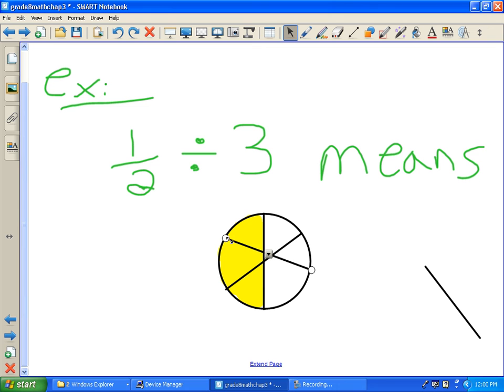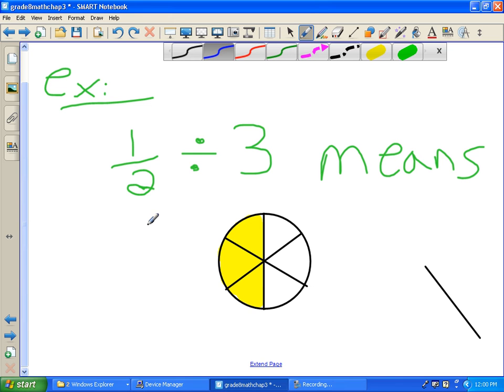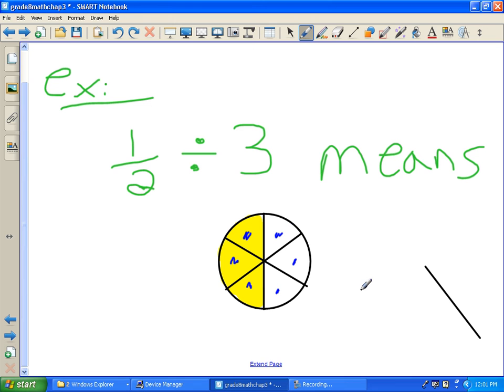Now I've got it split into 3 pieces. There. So, now that I've split it, how many pieces do I actually have? I've got 1, 2, 3, 4, 5, 6 total pieces. And when I split it into this right here, I only want one of them. So I've got 1 out of 6, or 1/6. Because it only asked me for one of them.